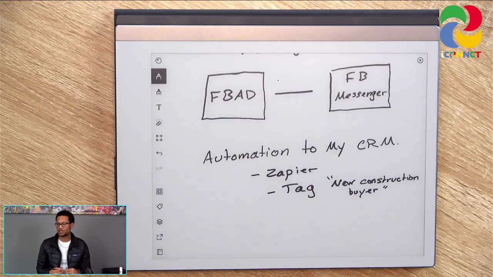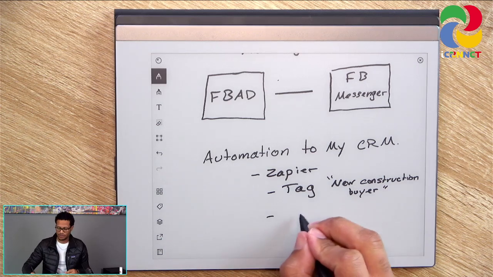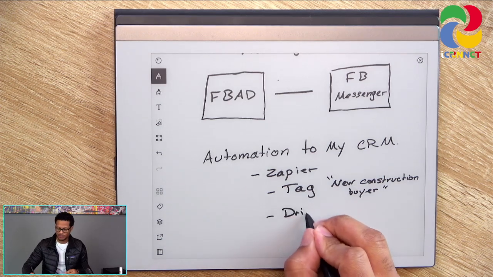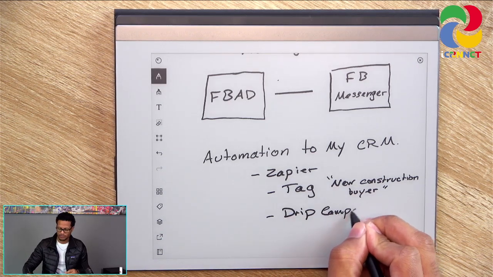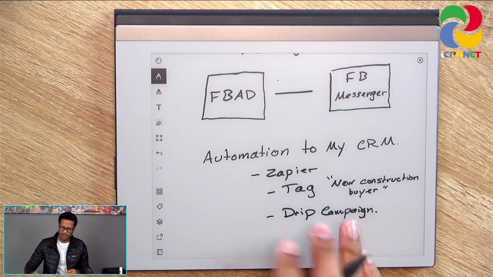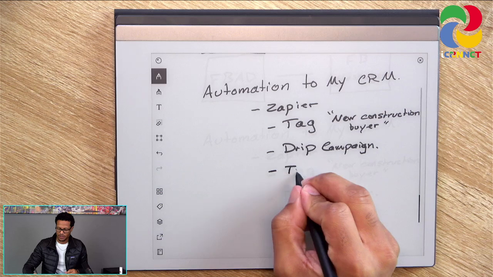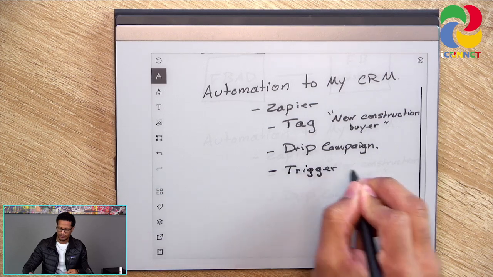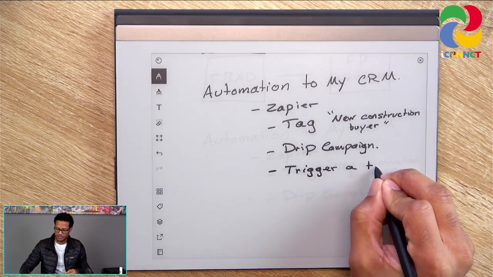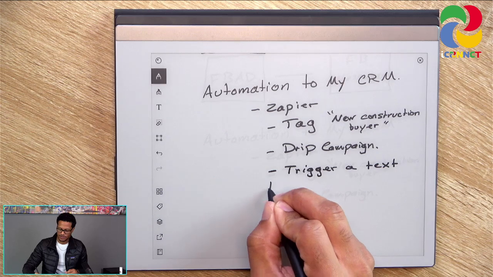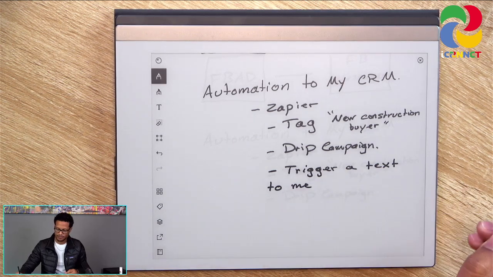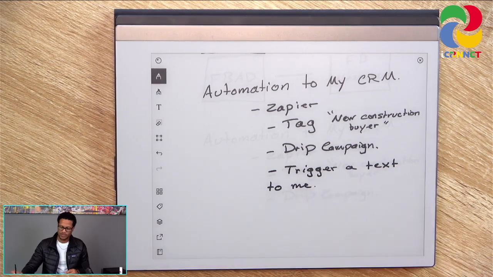I know some of you all have drip campaigns, so I want to input them into a drip campaign. And then I also want my CRM to trigger a text to me, so I'm aware.